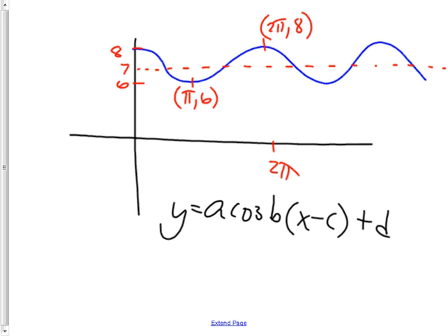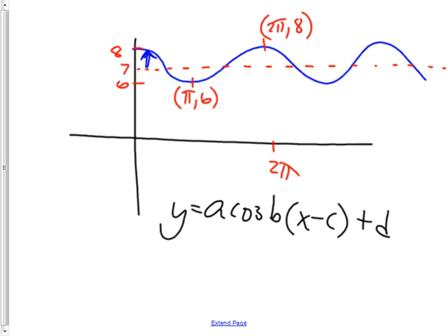If I were you, I'd write out one of those formulas for what the period is. B's got two different formulas you need to have memorized. Okay, here's what you should have been thinking. The amplitude is this distance. It's not 2. I know it's 2 from the bottom of the wave to the top of the wave, but it's half of that. It's only the distance from the middle line up.